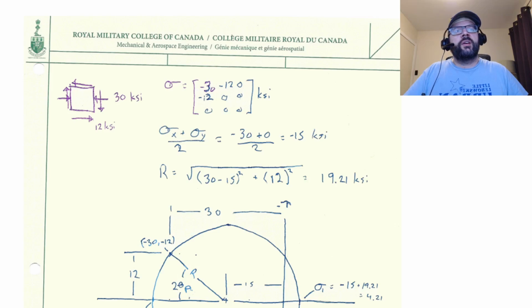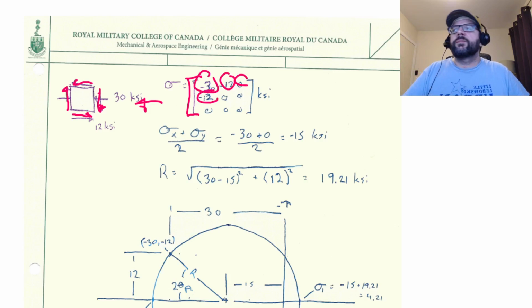In the x direction we've got a negative 30 ksi, compressive, nothing in the y, and for shear stress, on the positive x face it's going down in the negative y direction, so that'll be a negative 12 ksi, and obviously for yx, same deal. So we've got negative 30, negative 12, 0, negative 12, 0, 0, 0, 0, 0, everything else.